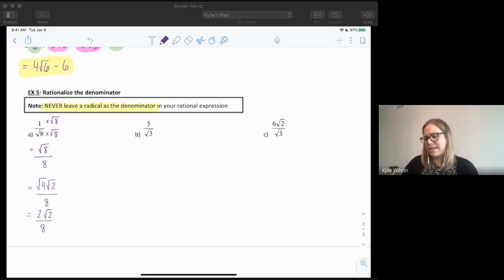Now let's simplify that fraction. 2 divided by 8, I'm just going to reduce that fraction. So that would be a quarter. So I have root 2 over 4, like that. That would be my final answer. These two are the same thing, but I need it in that final form.